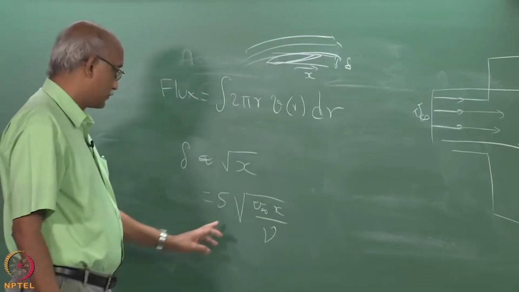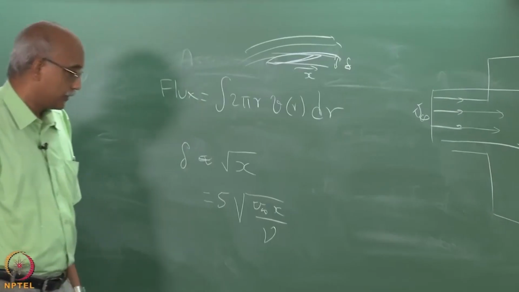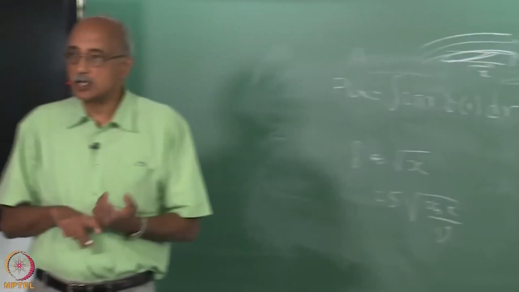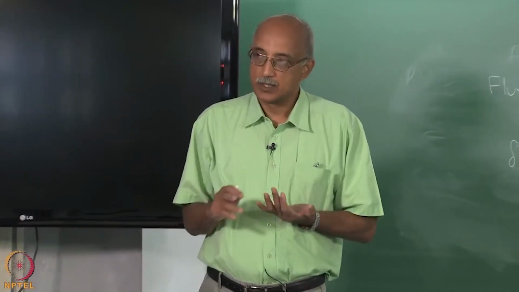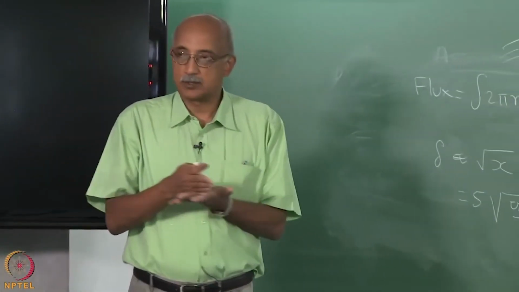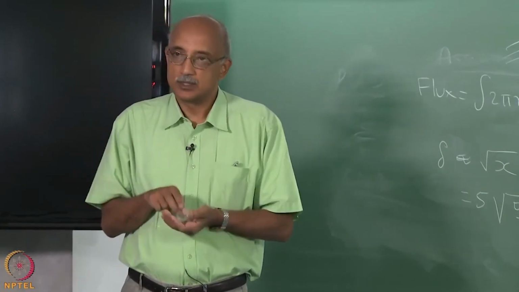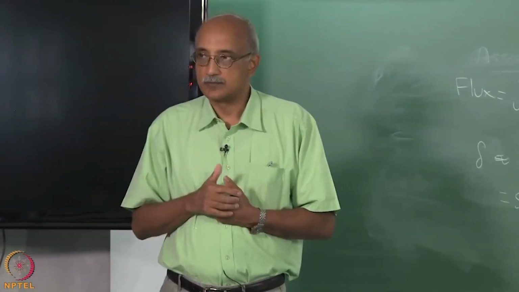Now, this is an important equation because it tells you that there is going to be a non-uniformity in the boundary layer thickness, which we talked about earlier, right. As flow occurs over a flat plate where the normal to the plate is perpendicular to the flow direction, the boundary layer thickness will change as x to the power half.